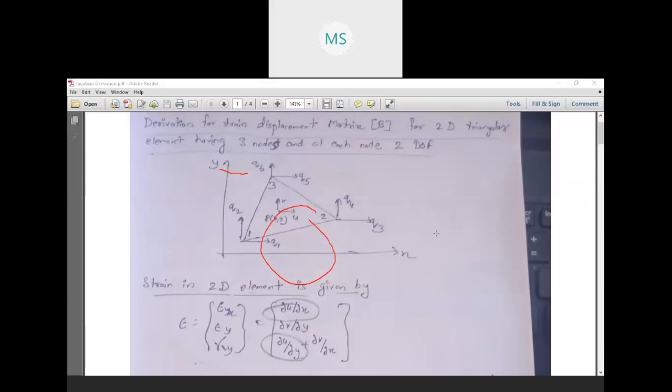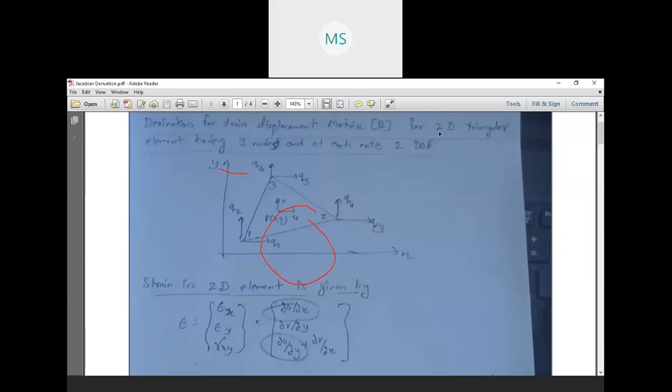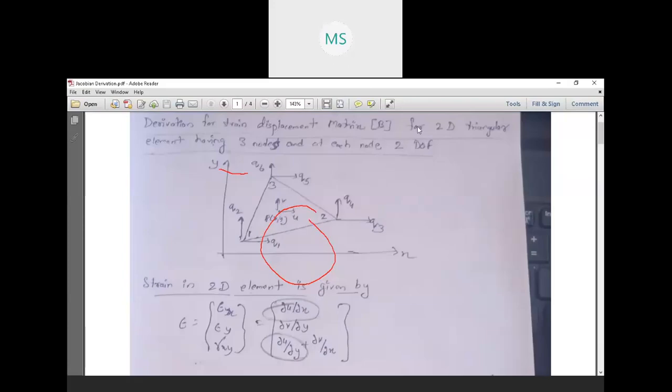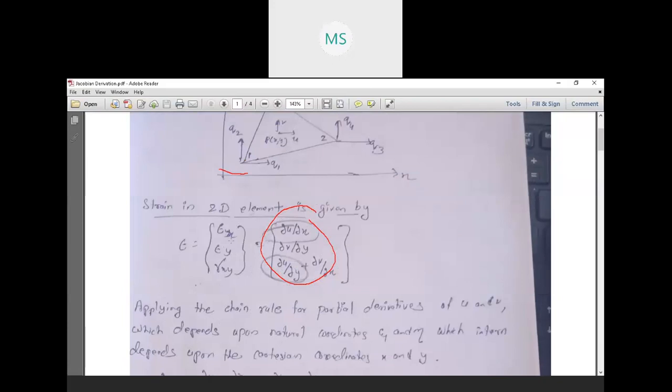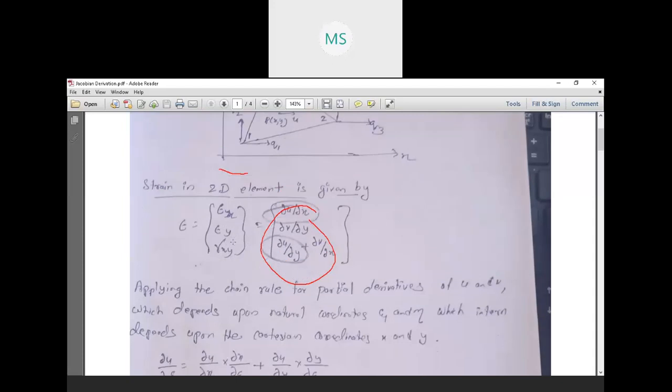Okay, we can see here epsilon equals epsilon x, epsilon y and gamma xy. Okay, plane strain and shear strain. Plane strain in x direction, plane strain in y direction and shear strain in xy direction.